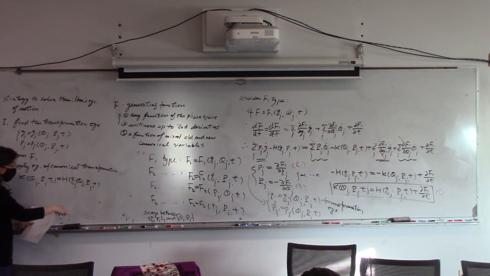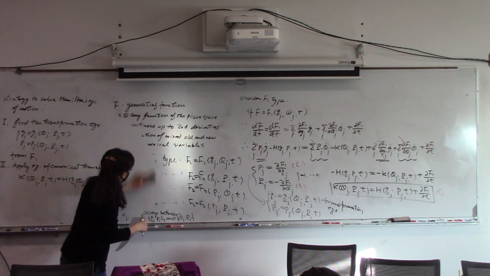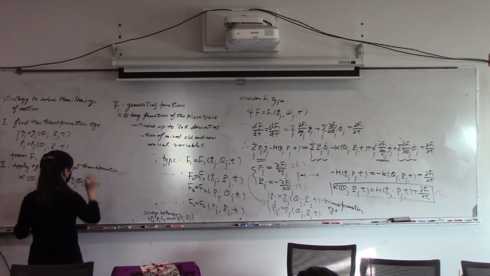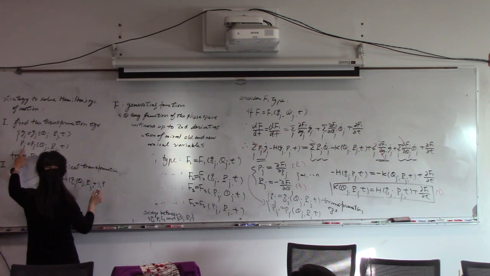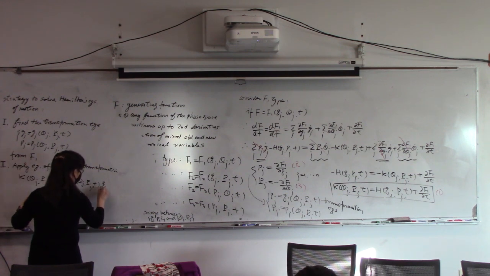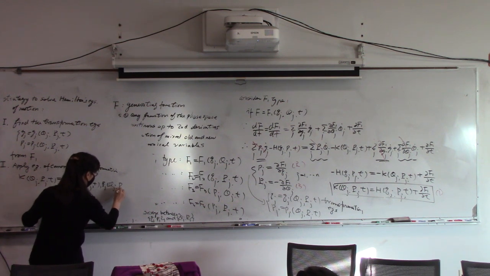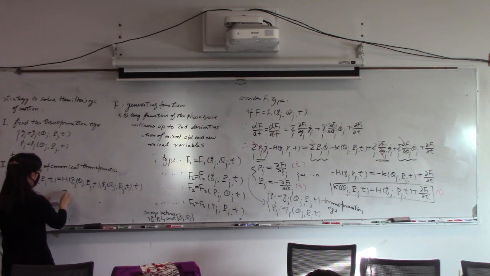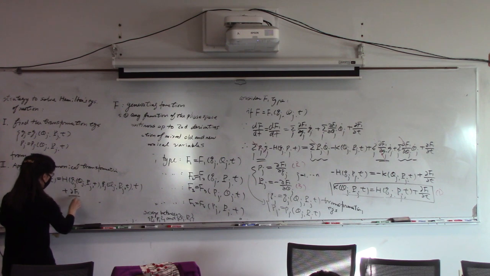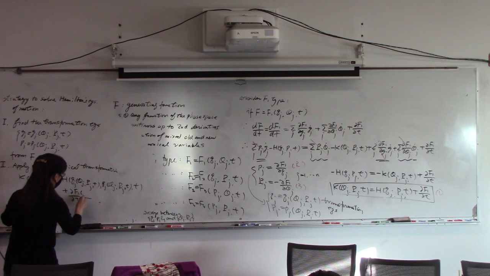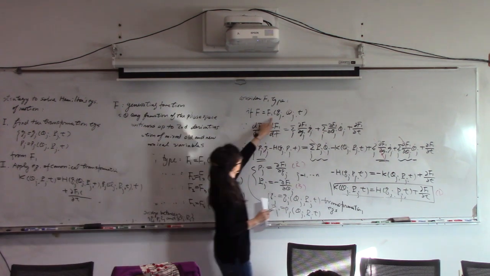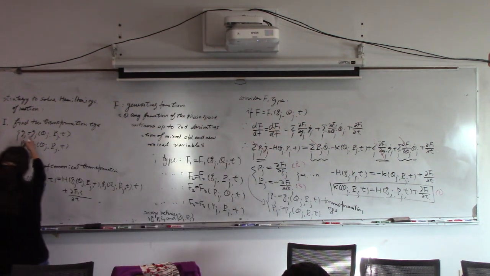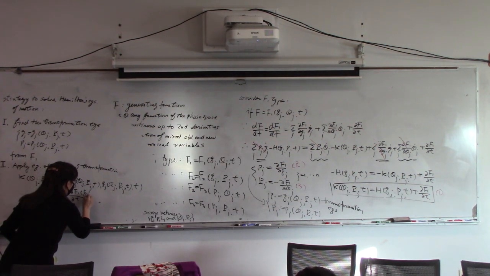Then the Hamiltonian is an old function of the old canonical variables. Now, since we have the transformation equation, we can substitute. And plus partial F1 over partial t. Now F1 is also a function of the old one and the new one. For the old one, we are going to use this transformation equation.